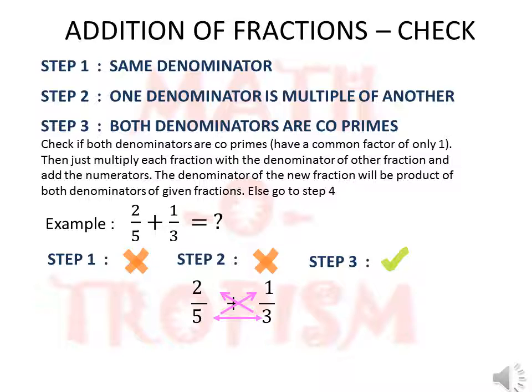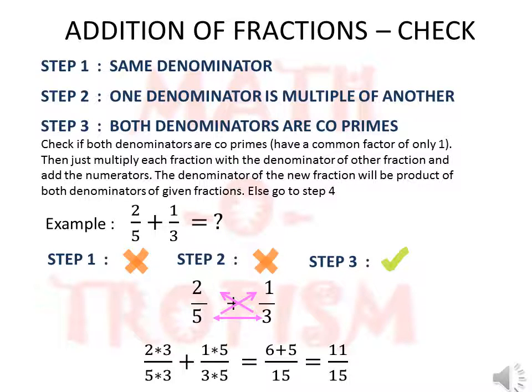So it is like 2 into 3 by 5 into 3 plus 1 into 5 by 3 into 5, which is equal to 6 plus 5. Both the numerators we are adding because the denominators have become same, divided by 15. So this comes to 11 by 15.